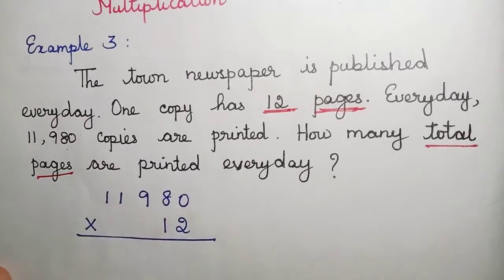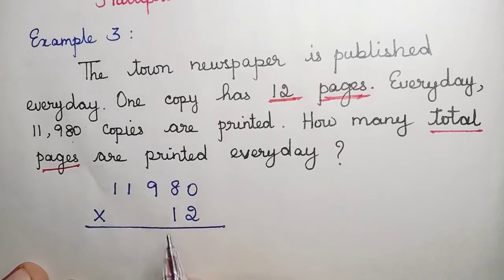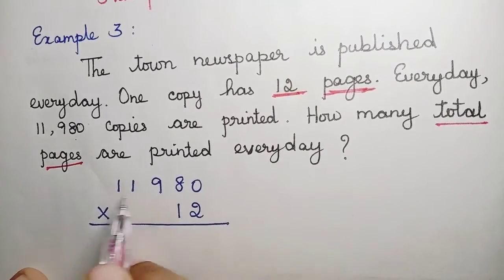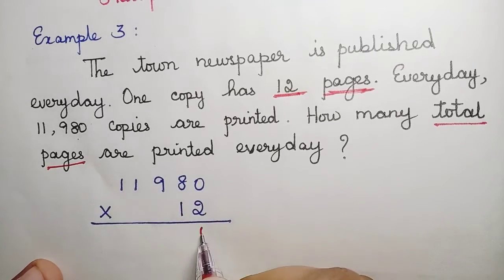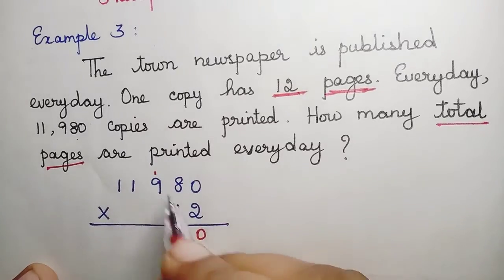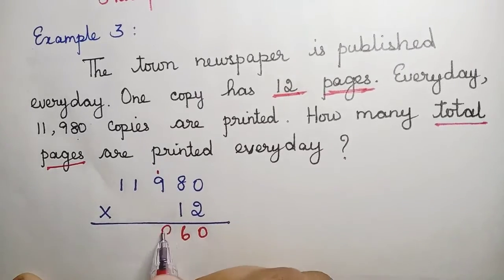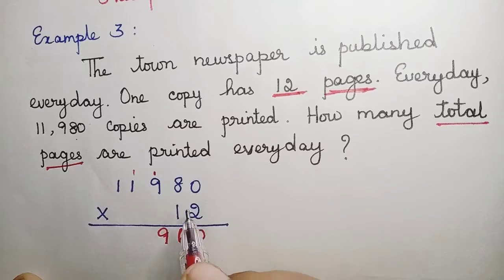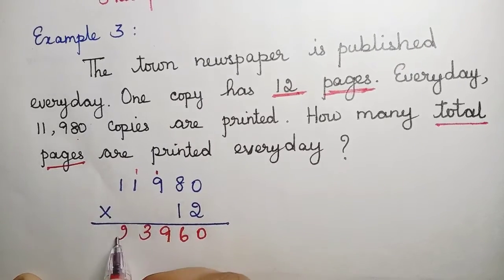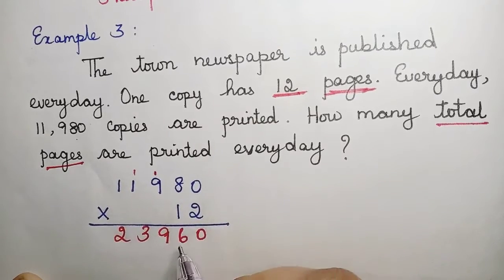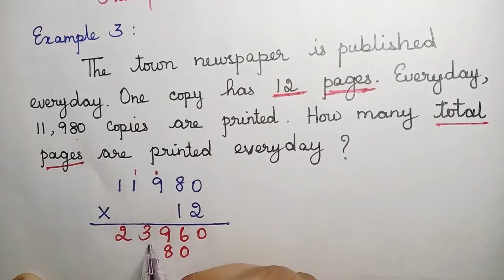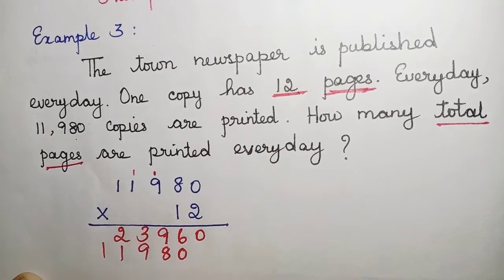So how will you multiply both values? First multiply with 2. 0; 2 8s are 16, balance 1; 2 9s are 18, plus 1 is 19; 1 2 is 2, plus 1 is 3; 1 2 is 2. Then 1 into 0 is 0, 1 8 is 8, 9, 1 1.